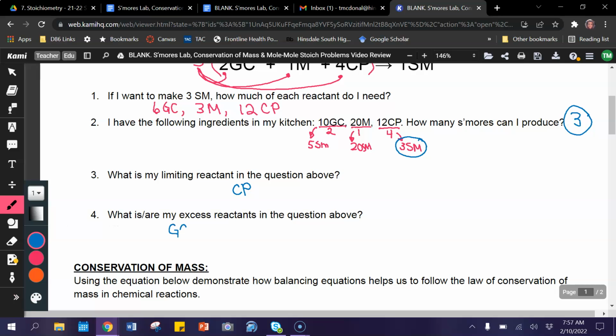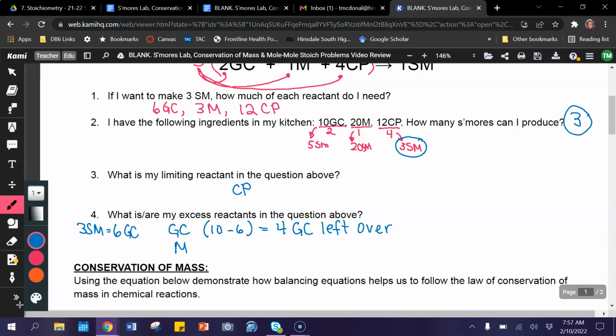So for my graham crackers, if I wanted to figure out how many graham crackers I'd have left over, I would subtract 10 minus 6. Why 6? Because if I'm making 3 s'mores, I would need 6 graham crackers, and that means that I would have 4 graham crackers left over.